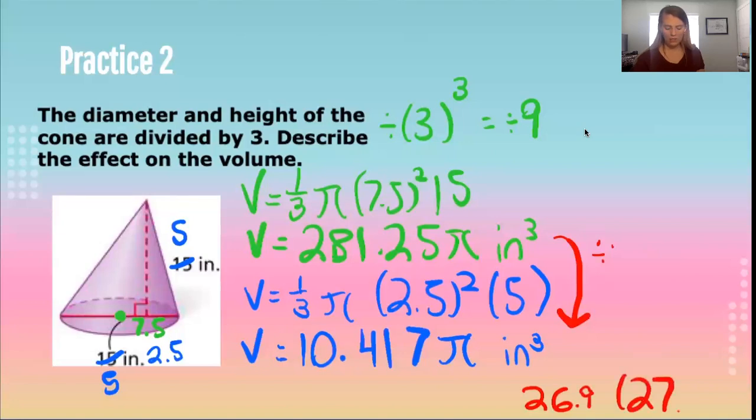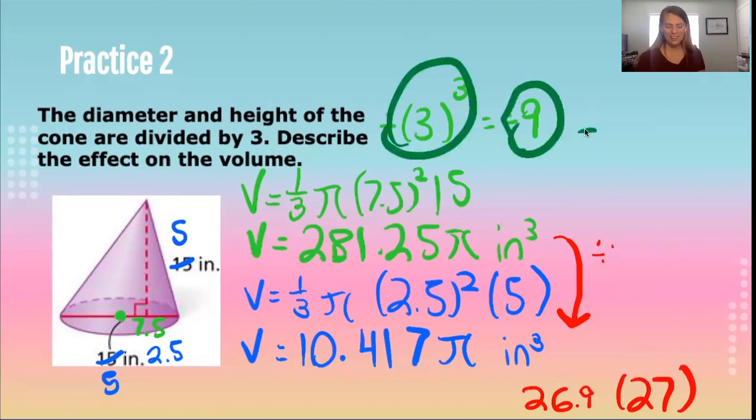And I get approximately 27. Y'all, do you see where I made my mistake? 3 cubed is 27, not 9. Clearly, I made a mistake at the start.